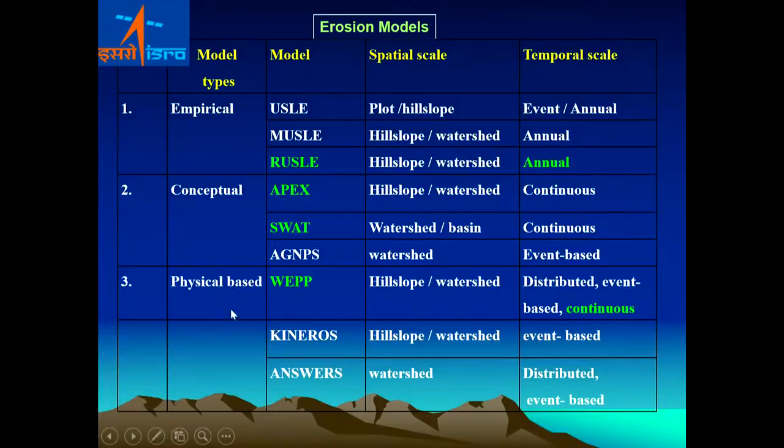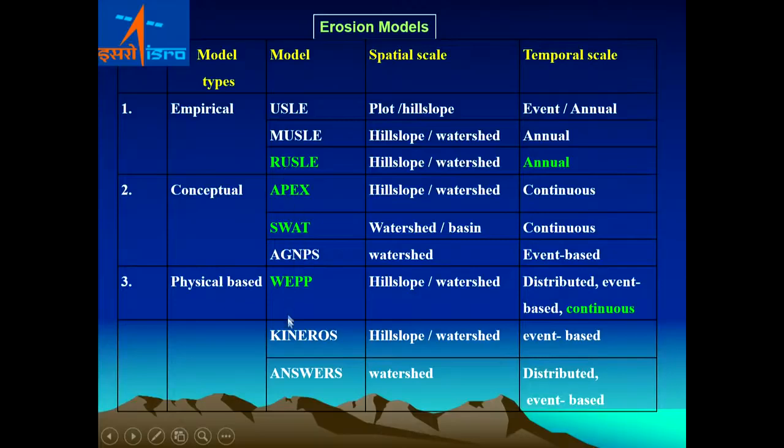All these physical based models you can download freely from the internet and use. They have shared experimental data also, so that you can run the models and learn. Another model in between is the conceptual model, where more descriptions are given but less than physical based. Examples are APEX, SWAT, and AGNPS.